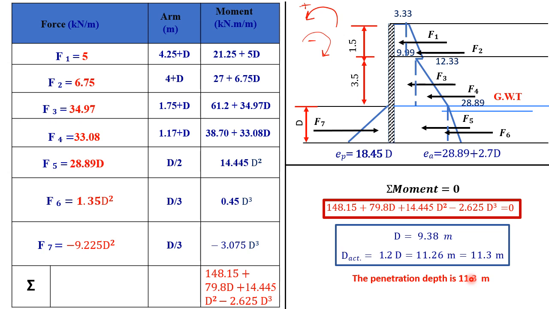It depends on how much is your excavation, the soil properties you have, the groundwater table level, the live load, and the statical system of your sheet pile. All of these factors control how much the penetration depth will be.